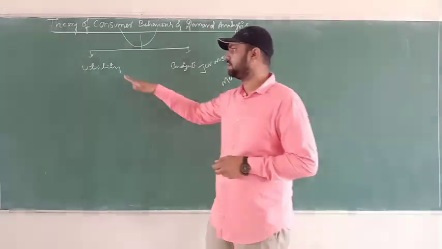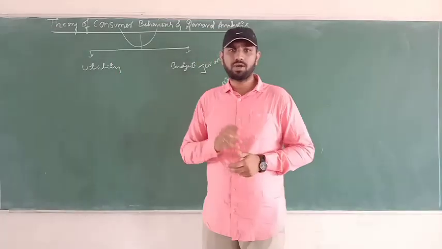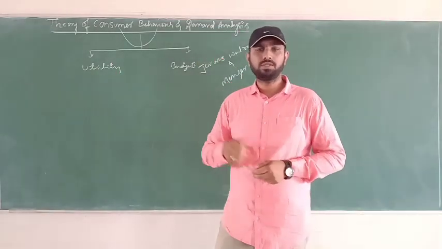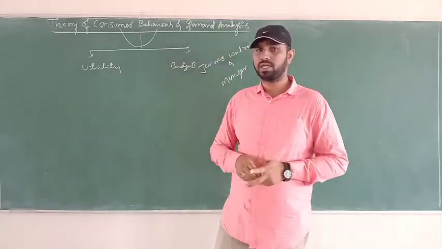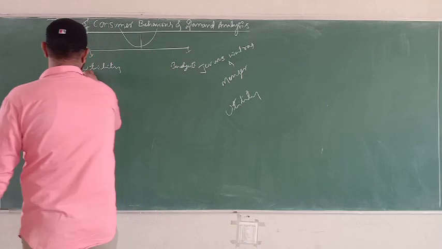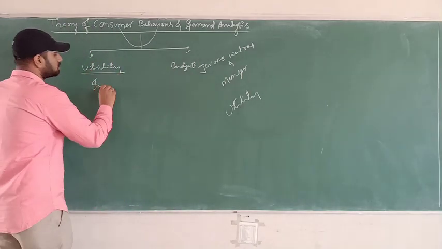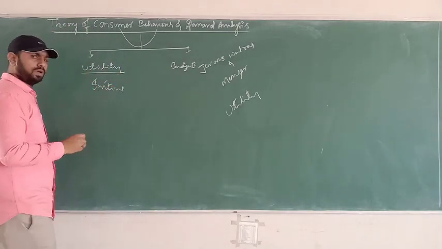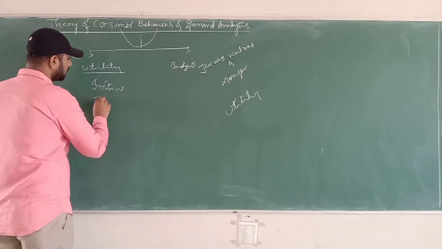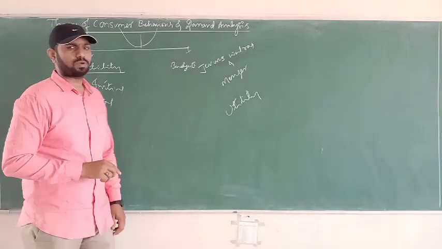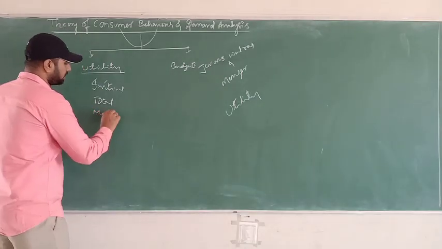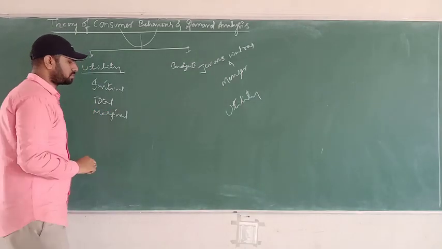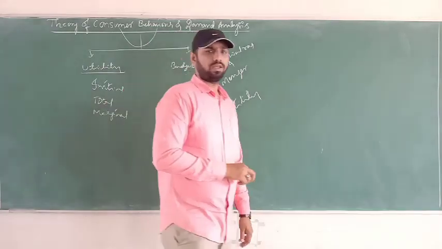This utility is again classified under three heads, which have a weightage of 1 or 2 marks: initial utility, total utility and marginal utility. What a consumer gets on first consumption is called initial utility. On the total units he consumes in a particular period of time is called total utility. The additional utility we gain on consuming one more unit is called marginal utility.